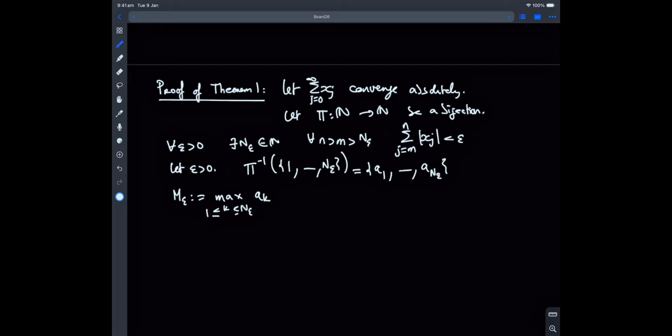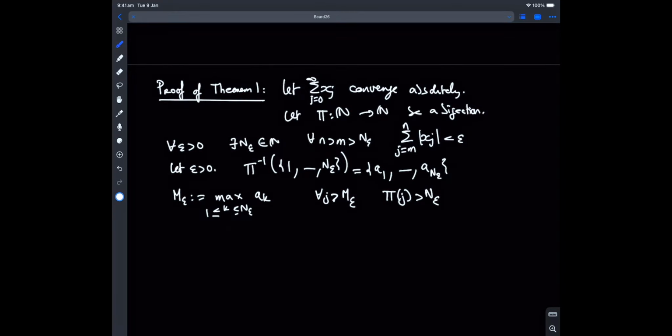And what's interesting about it is that if I take a j which is above that M epsilon, that is to say that pi of j cannot be anywhere in that set 1 to N epsilon. So pi of j would have to be greater than N epsilon.